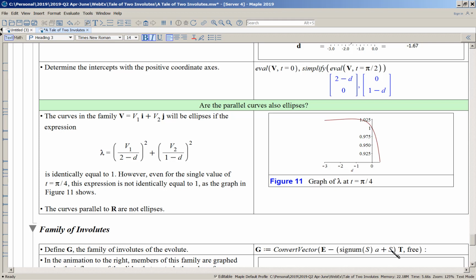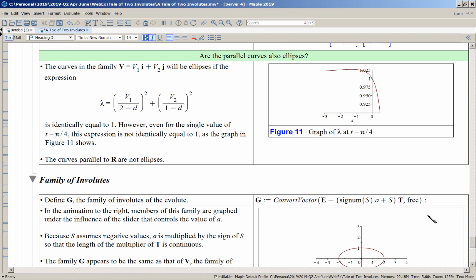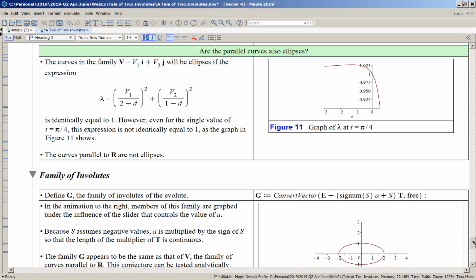Well, when S is positive, you want A to be positive. So you want the sign of S in front of the A. When S is negative, you want that minus sign to be in front of the A, because I'm going to use A. I'll just take A positive. See what happens. Okay? So this then represents a family, the parameter of the family being A, of involutes.